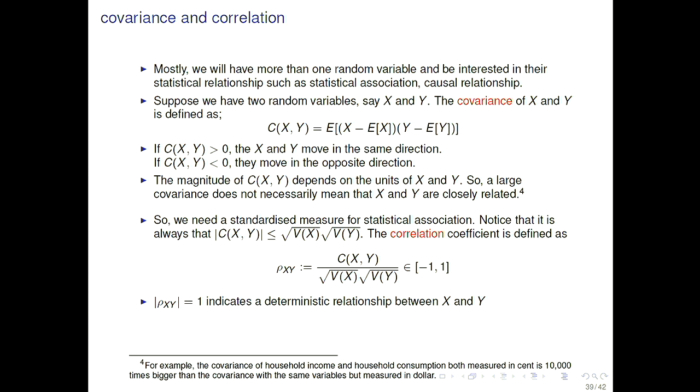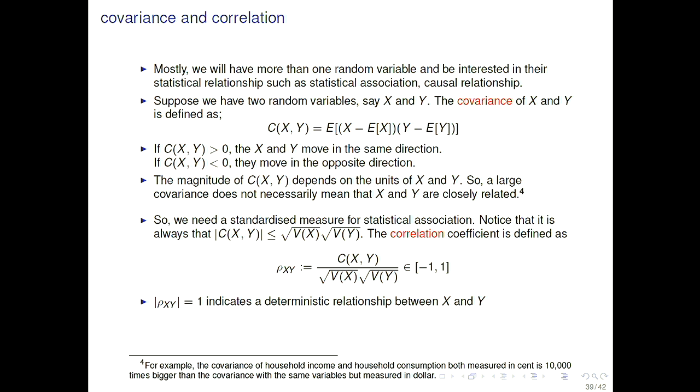But one serious problem of a covariance coefficient is that it depends on the unit of the random variable. So here I put it in the footnote. X is household income, and say Y is household consumption, right? If you are making more money, then probably you're going to spend more money.